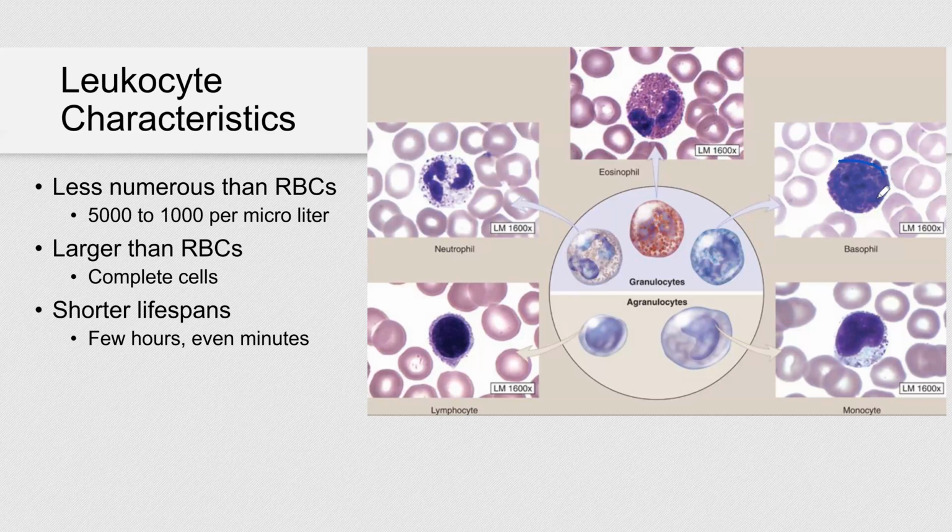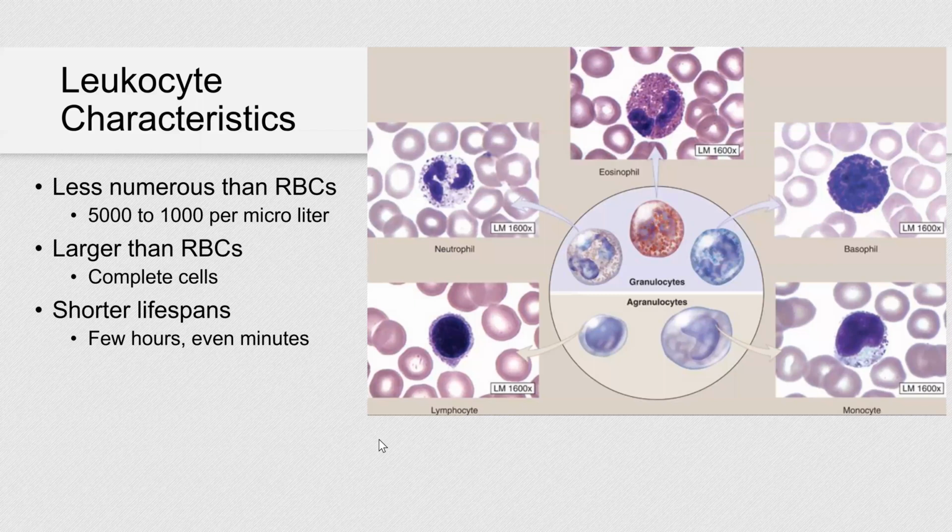Basophil over here, and agranulocytes will have monocyte. So this purple stuff is a huge nucleus, and lymphocytes. Again, this part is the nucleus as well.